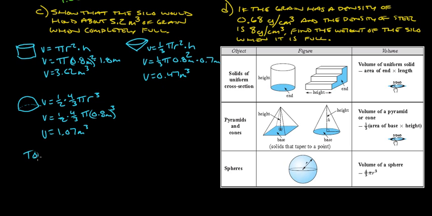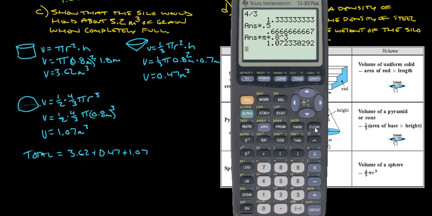So total is 3.62 plus 0.47 plus 1.07. So let's see what we get with that. Hopefully it's 5.2 meters. So we got 3.62 plus 0.47 plus 1.07.